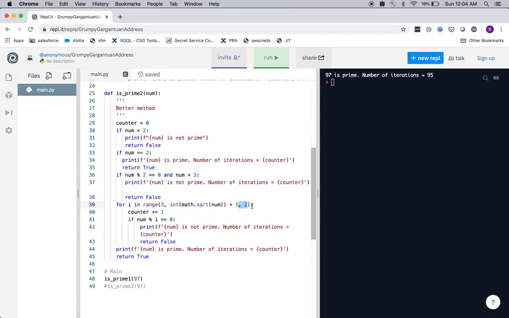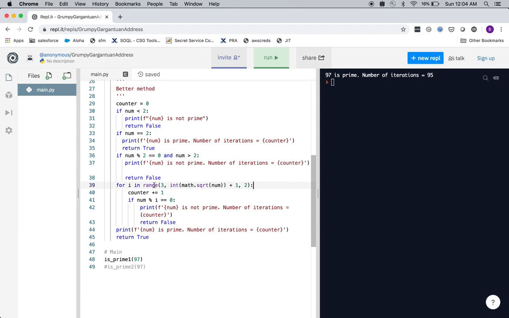What this means is we're starting at 3, and we're checking only the odd numbers, like 3, 5, 7, and 9. We're checking only 4 numbers, actually: 3, 5, 7, and 9, right? Because before we get into this for loop, we already check whether the number is divisible by 2, and all the even numbers are divisible by 2.